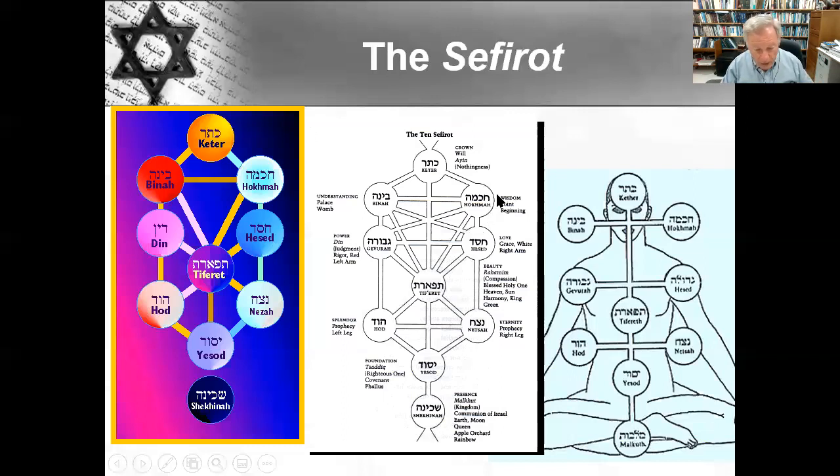And the point is inserted into Bina, which means understanding, but it's also womb or palace. So the idea is God creates a point. That's what we read about in that confusing paragraph. It gets placed in Bina, and Bina gives birth to the lower Sefirot.